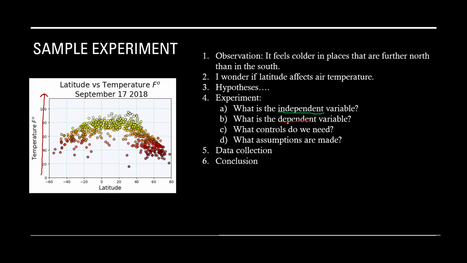In this case, the latitude is always on the x-axis. That is always the case. So if I were to give you a graph, you should be able to look at it and say, oh, the temperature is definitely the dependent variable because it's on the y-axis. Or, oh, the latitude is definitely the independent variable because it's on the x-axis. So that should always be obvious in any graph that is produced.